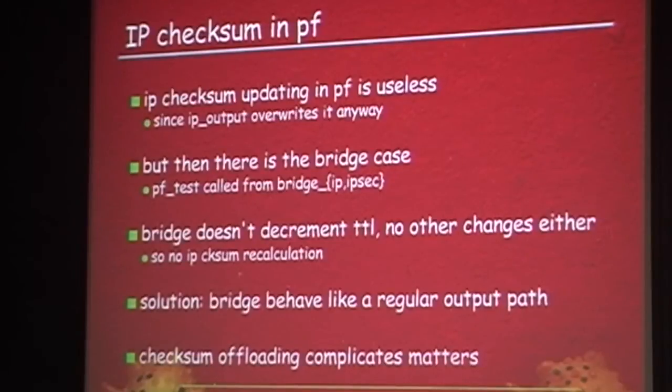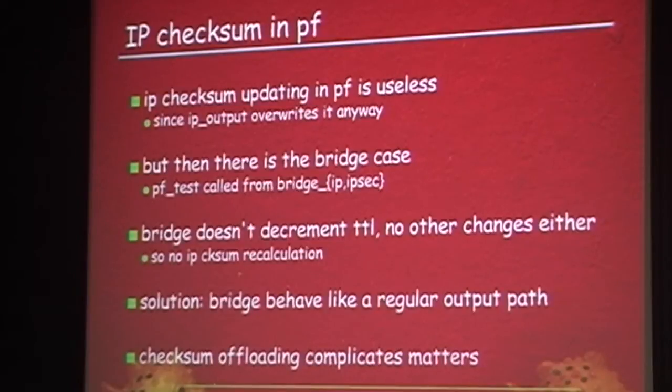Why not? Well, there's a case to consider, the bridge. When you're bridging, you're obviously not really looking at the IP header. Well, we actually kind of do if you want to filter, but bridge is supposedly layer 2. It isn't really, but it's supposed to be this layer 2.